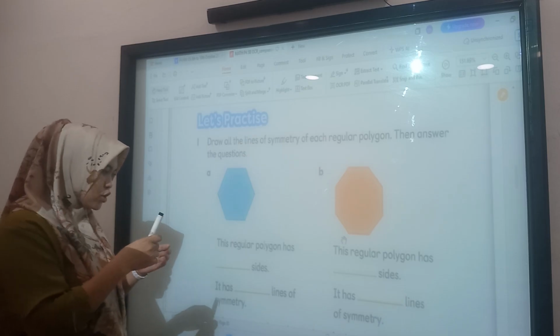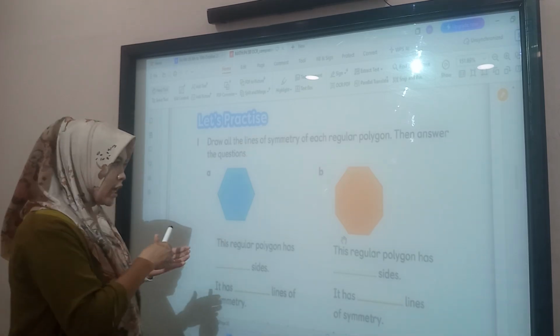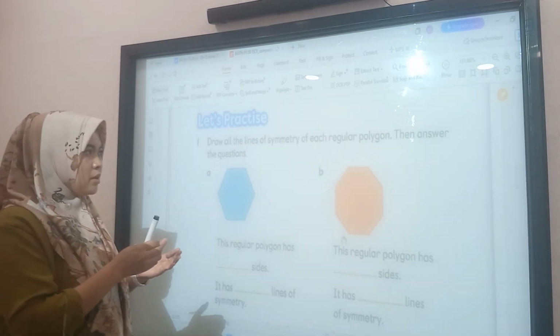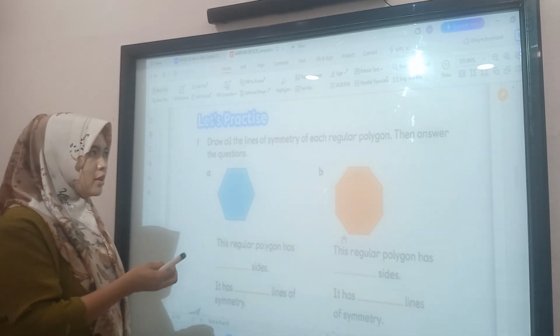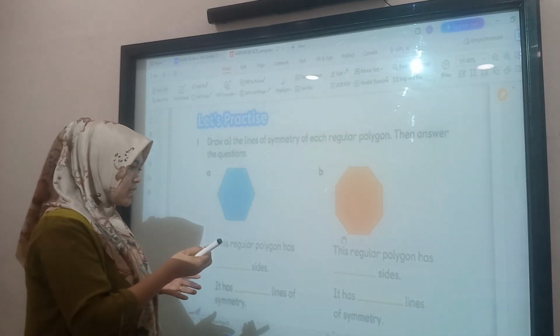In our outline we use soil, but I think it is better to use cotton so it's not messy.